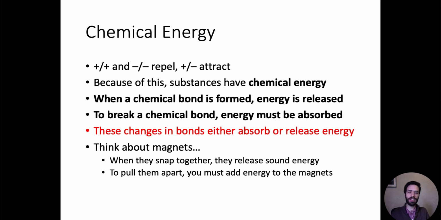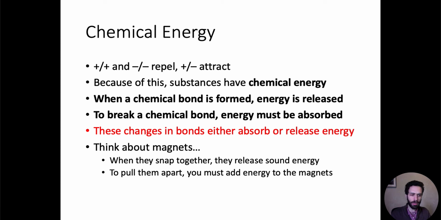And the chemical energy changes during a chemical reaction when chemical bonds are being formed or being broken. Remember that the definition of a chemical change is that chemical bonds are formed and or broken. These changes in bonds either absorb energy or release energy.